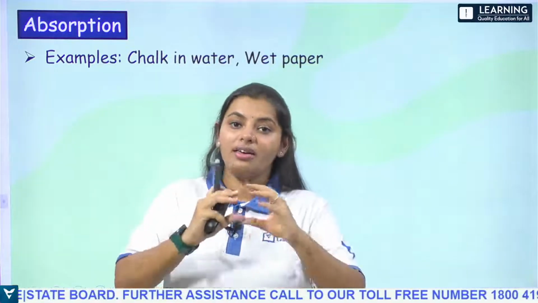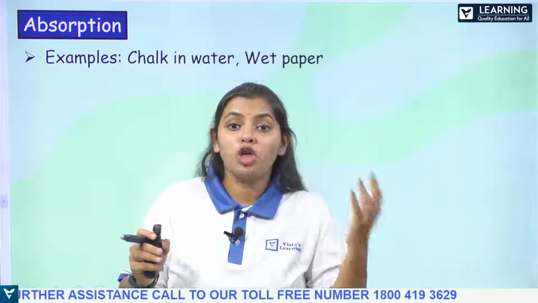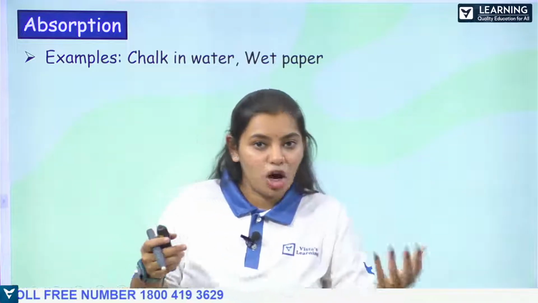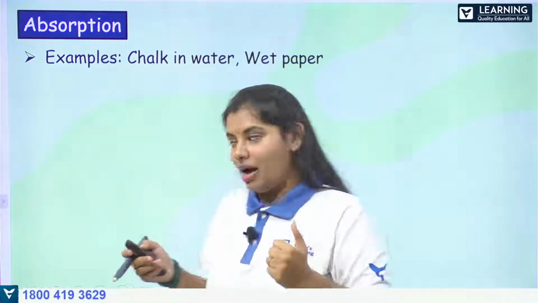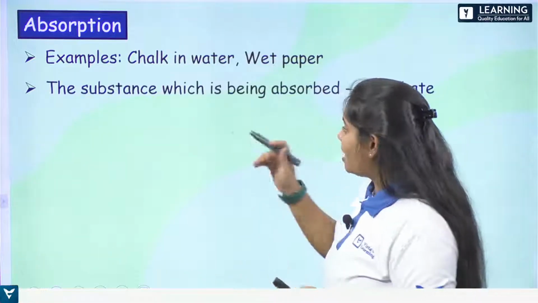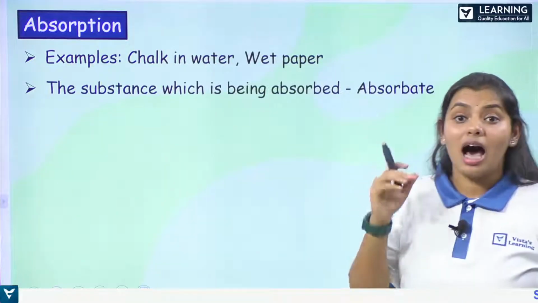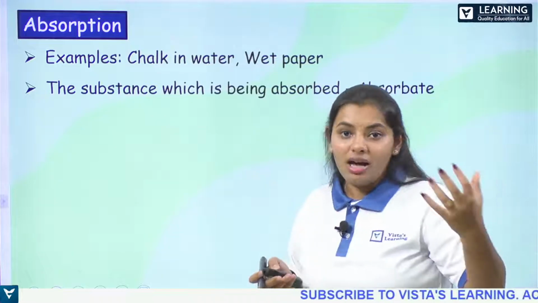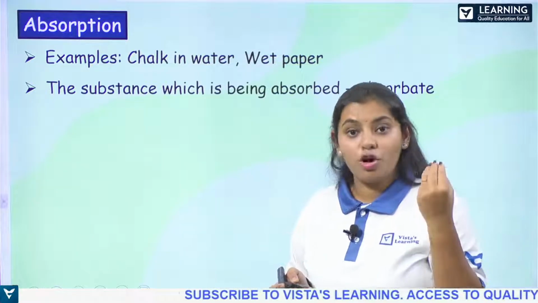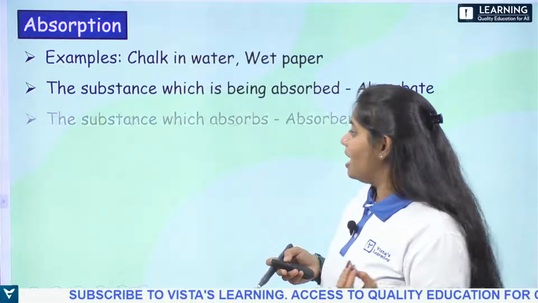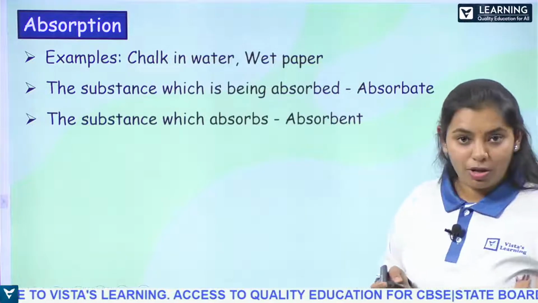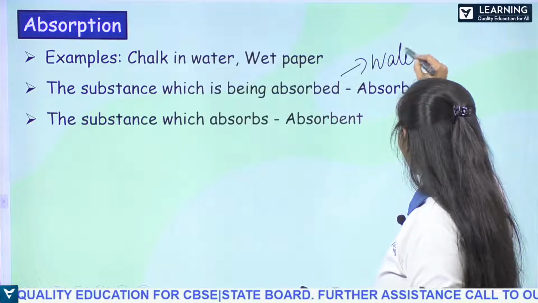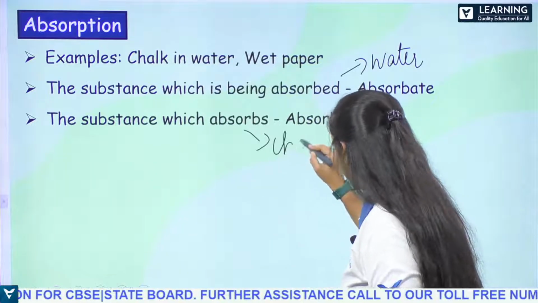The same way, in the absorption process, there is absorbate as well as absorbent. So we will see what exactly absorbate is and how we can relate it to solution, as well as absorbent. The substance which is being absorbed is known as absorbate. What is going to be absorbed here? Sorry, this is going to be water basically, and this is going to be chalk.